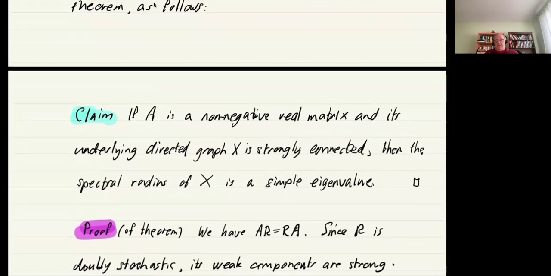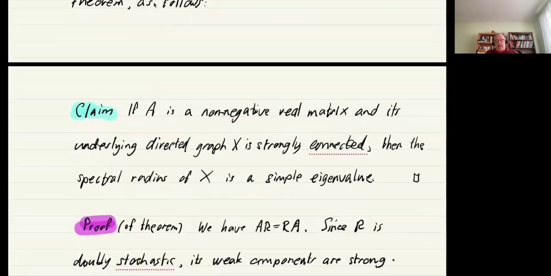What I'm going to need to use is that if I have a non-negative real matrix and its underlying directed graph is strongly connected, then the spectral radius of A is a simple eigenvalue. Now, the spectral radius is the maximum absolute value of an eigenvalue.